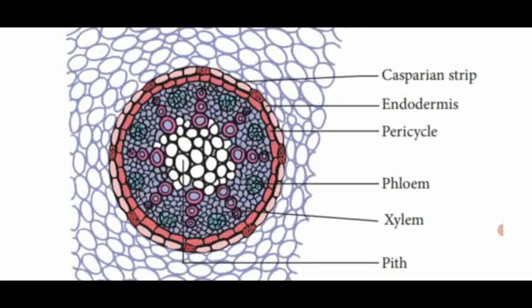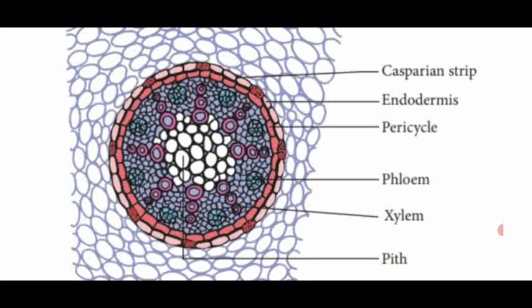Next one, pericycle is the outermost layer of the stele. Inner to the endodermis, the region is called pericycle, closely packed parenchyma cells in a single layer. This region produces or gives rise to lateral roots. Then vascular bundles. Many vascular bundles are there.